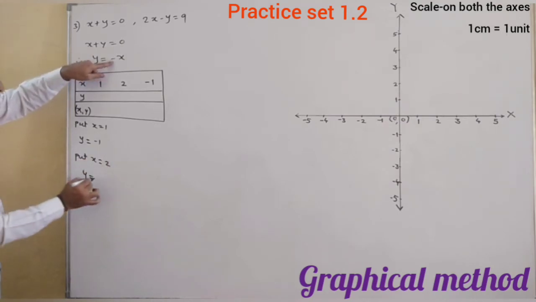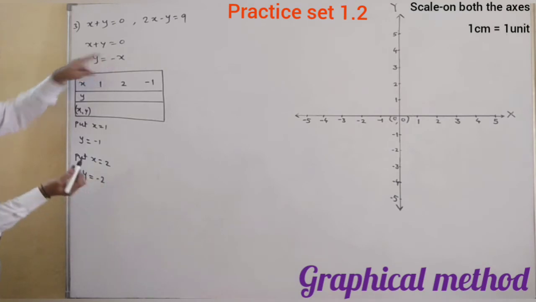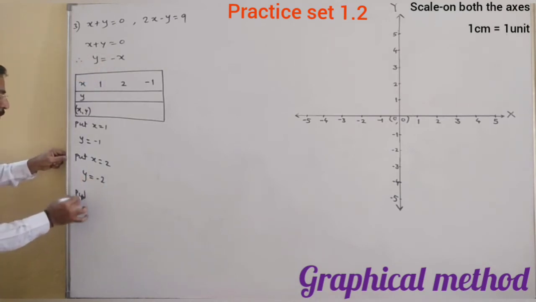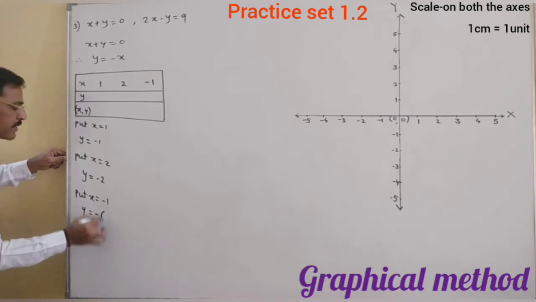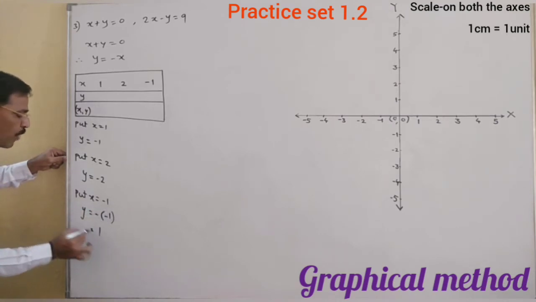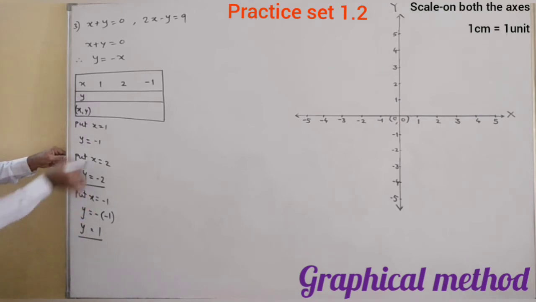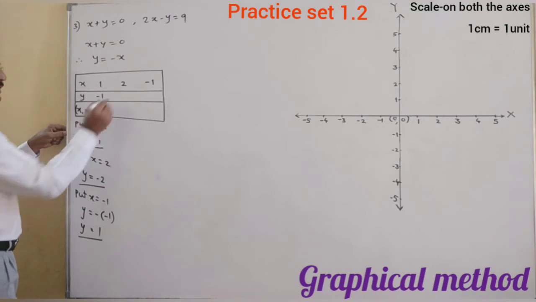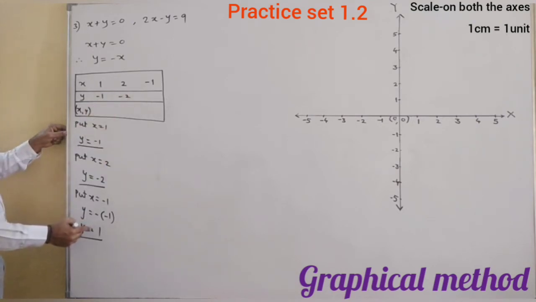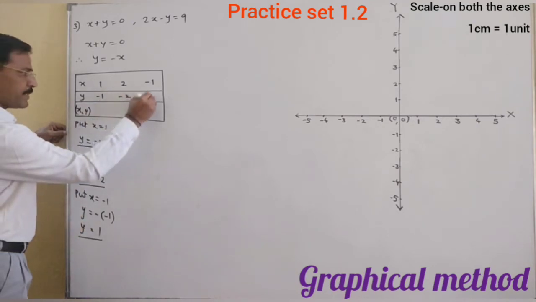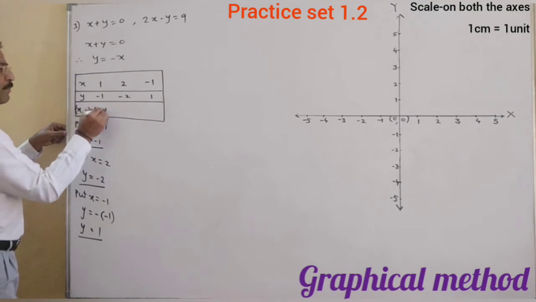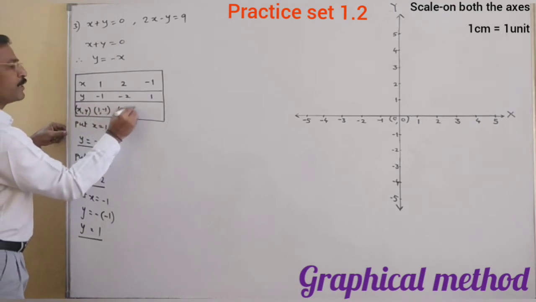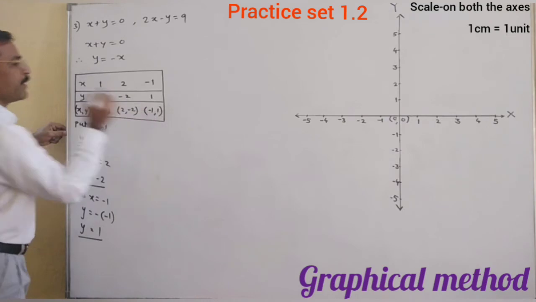Already this one has minus, so y is minus 2. Finish. Now put x equal to minus 1. So y equal to already minus, and this one minus, that means 1. So all these values we can put here to make the full box. Here it is minus 1, this is minus 2, and this is, yes, plus 1. So these are the points which we are going to plot on graph paper.